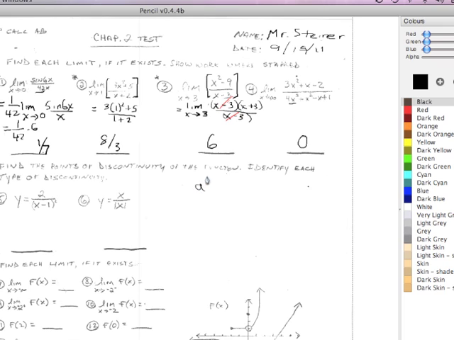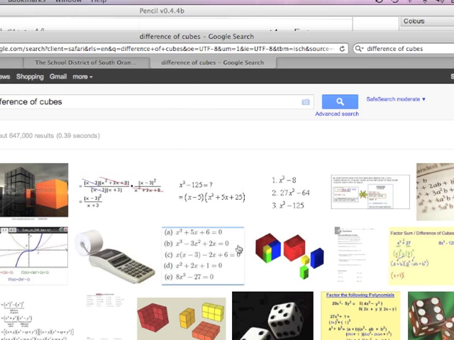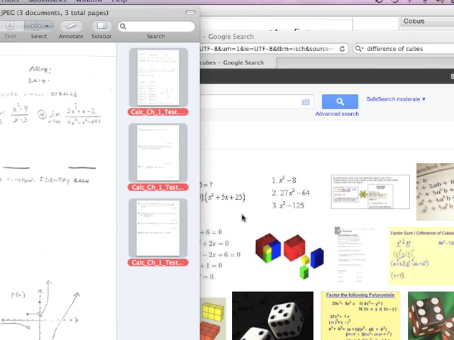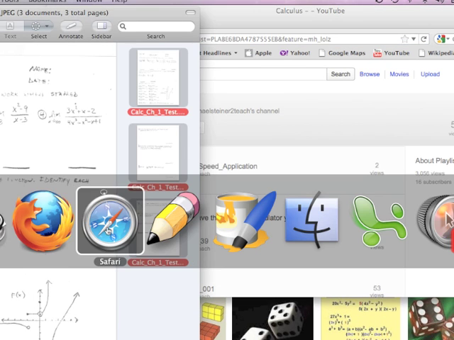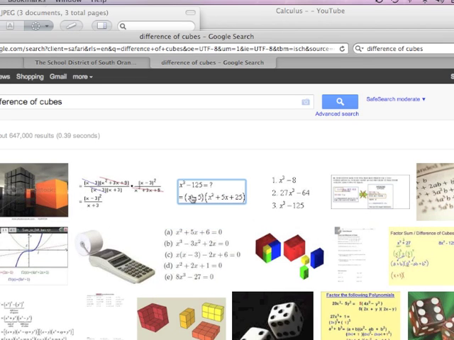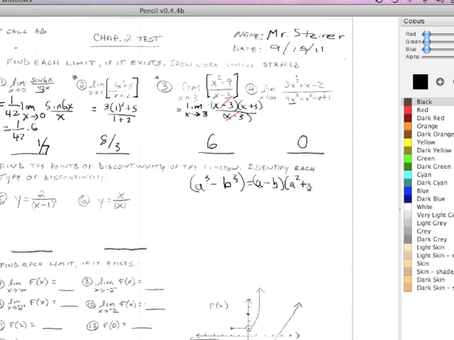Okay, so one quick note about this. Don't forget some of your factoring. If you see a difference of cubes, a cubed minus b cubed, let's not forget that this is a minus b times a squared plus ab plus b squared, right?